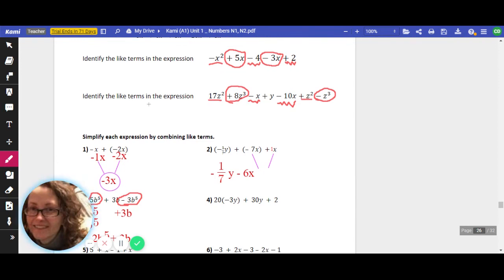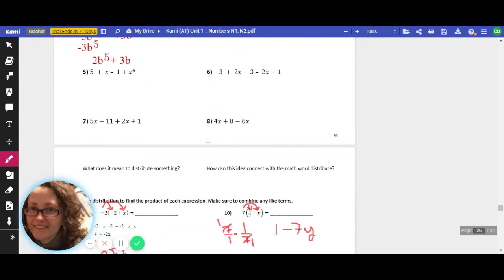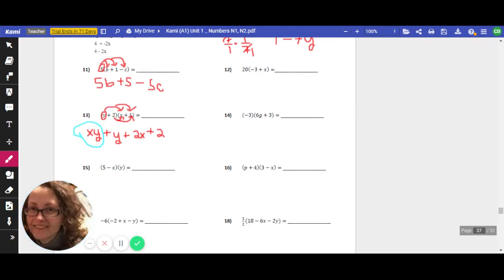simplifying expressions using combining like terms and distribution, including distribution where we are using, I actually forgot to mention that this method is called the FOIL method, where I had two parentheses multiplied times each other.